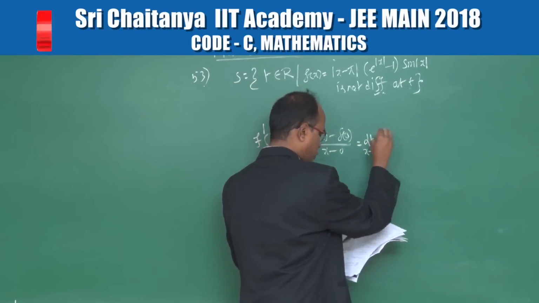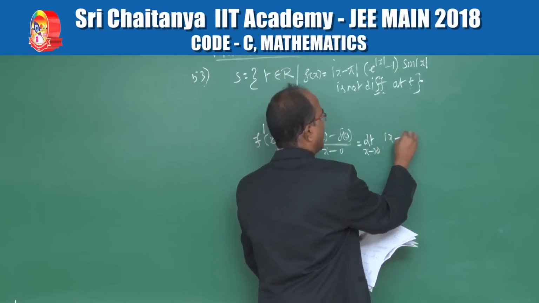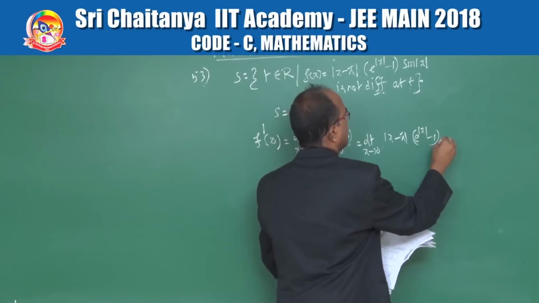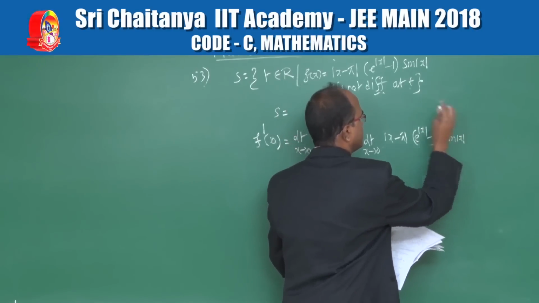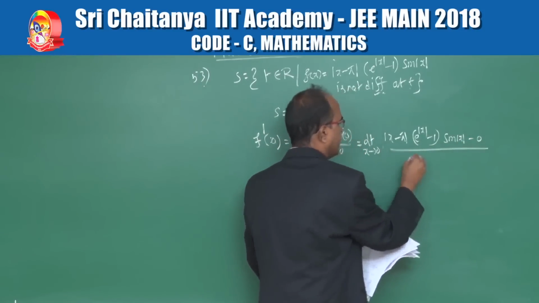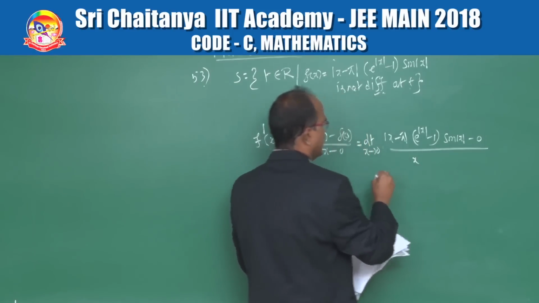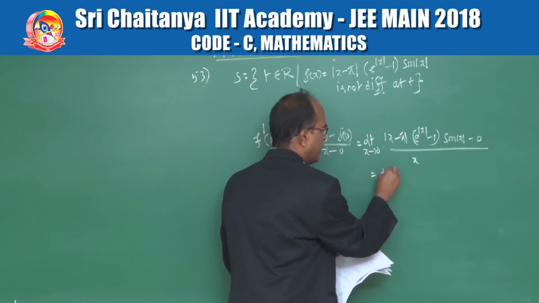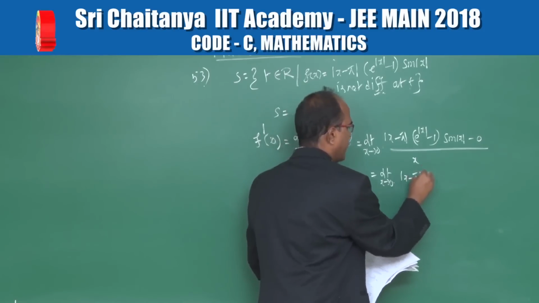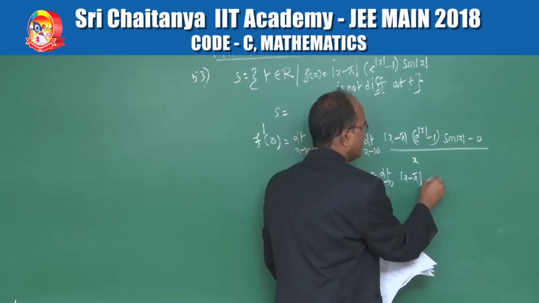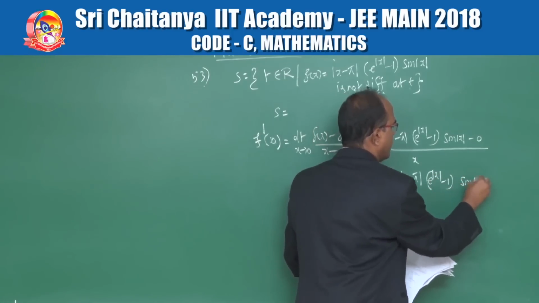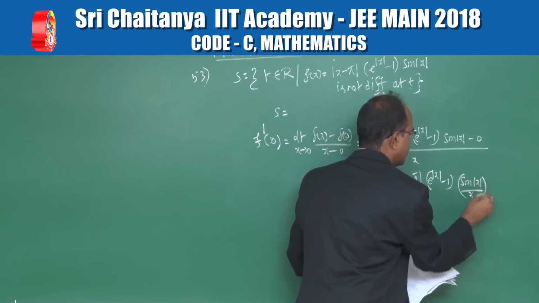the limit as x tends to 0 of mod x minus pi into e power mod x minus 1 into sine of mod x, and f of 0 is clearly 0, divided by x. This value can be rewritten like this: limit x tending to 0 of mod of (x minus pi) into (e power mod x minus 1) into sine of mod x by x.